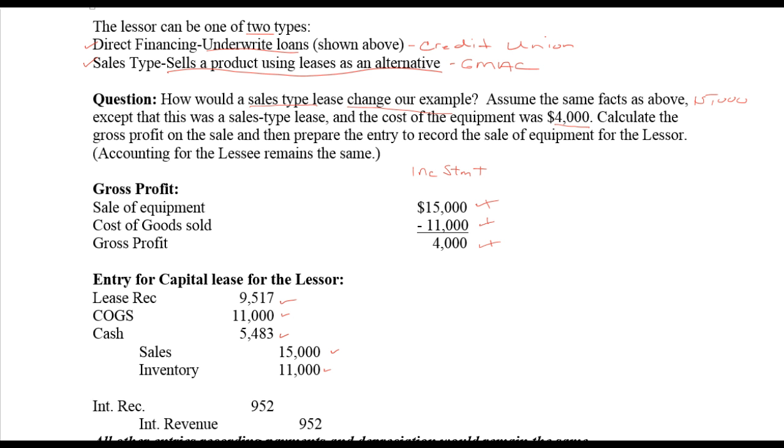So on our income statement, we'll also have some interest revenue if it's a sales type lease in the amount of $952. So in the first year, the income statement for a sales type lease, you'll have two sources of income, the gross profit and the interest revenue. Compare that with a direct financing type lease where you would only have the $952.